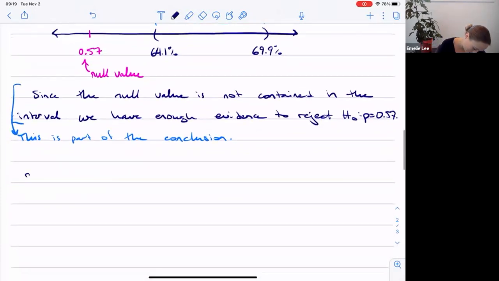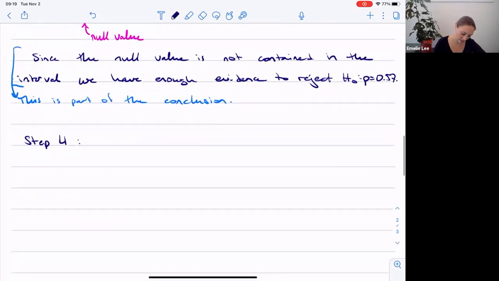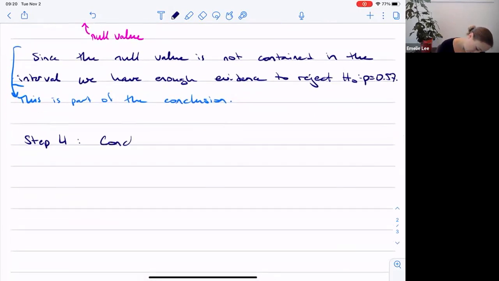So now for step 4 is our conclusion. Now our conclusion is going to be in 3 parts, right? We have to touch on 3 parts, and I'm going to put it into a sentence, and then I'm going to pick apart the sentence so you can see what that means.